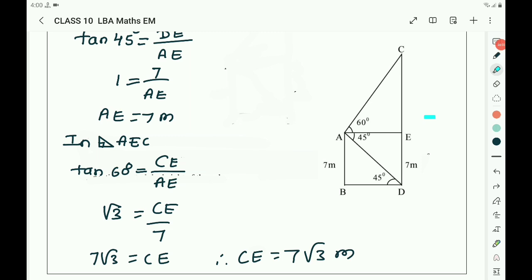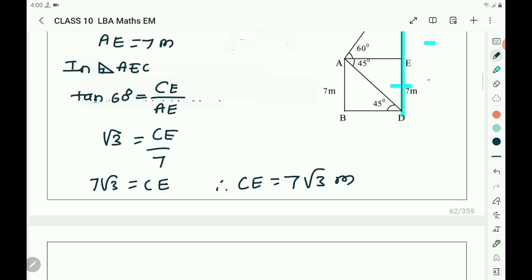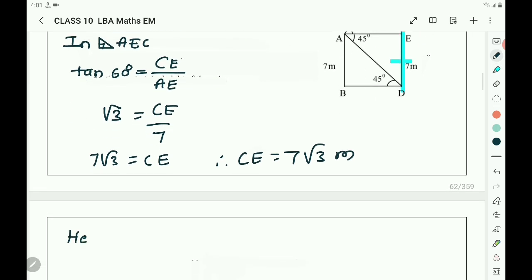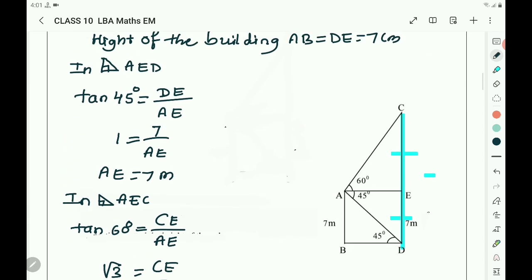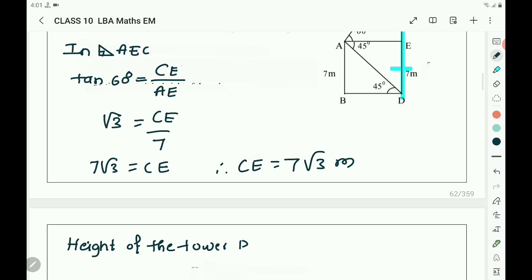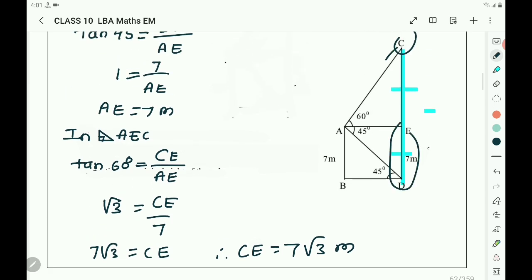The height of the tower is to be considered from the ground level. It means we have to find out DC. DC is equal to what? DE plus CE. Then you write height of the tower DC is equal to DE plus EC.